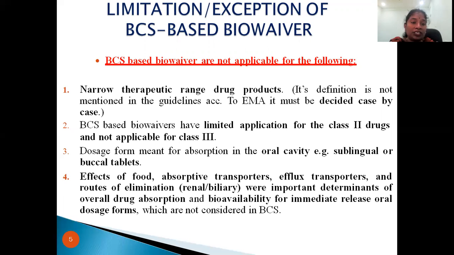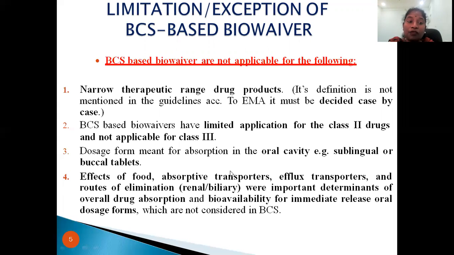Okay. And dosage forms meant for absorption in the oral cavity, like sublingual and buccal tablets, are not suitable for these biowaiver procedures. Okay.